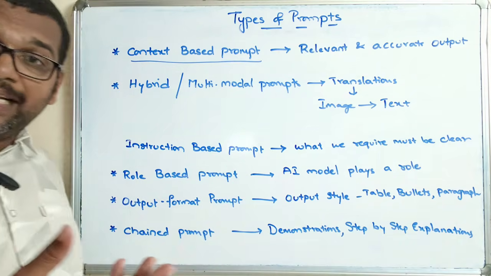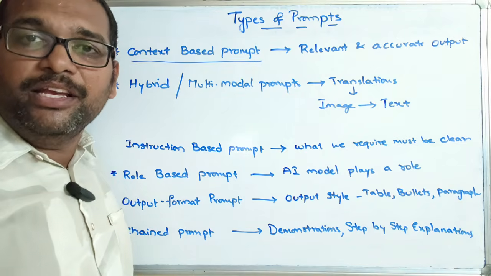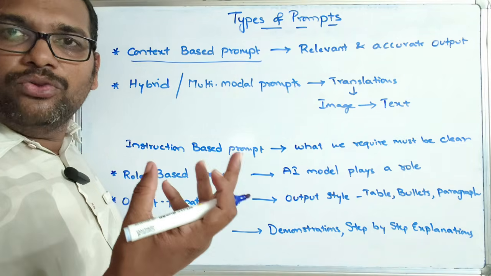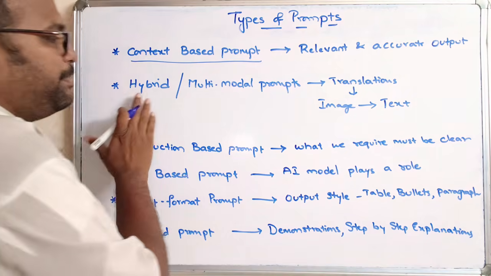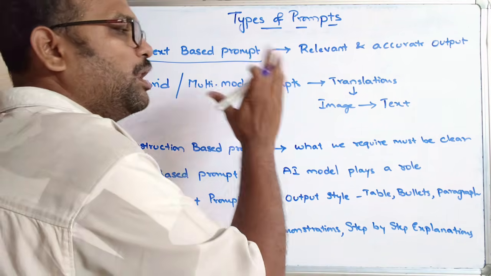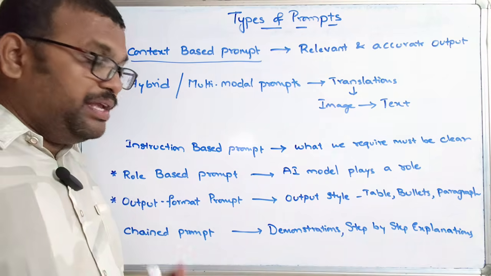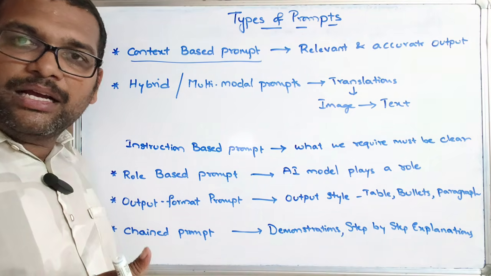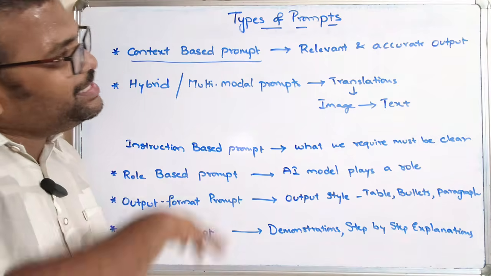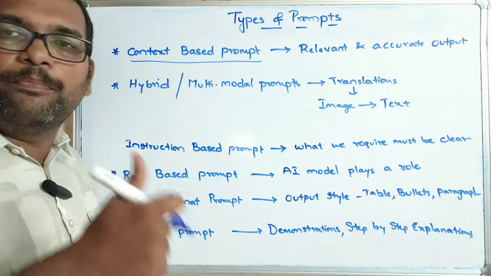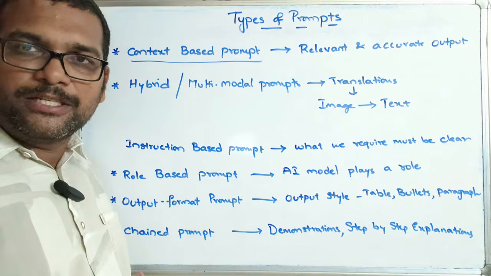Or you give some text and ask it to generate an image. If you are using more than one type of data, we call it a hybrid or multimodal prompt. If any prompt consists of all these types of prompts, we call it a well formed or well structured prompt.